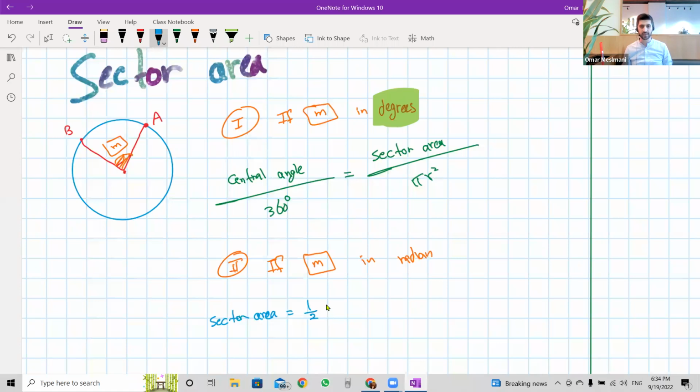Yes, half times the angle times r squared. That's M in radian: half M r squared. Again, M is the central angle in radian.